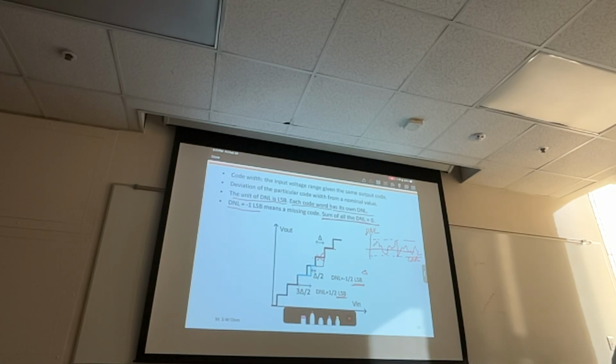I think I did mention that the DNL is the actual step size minus the nominal, right? So yes, this is what it is here. Okay, so let me write the real step size minus nominal, divided by 1 delta.